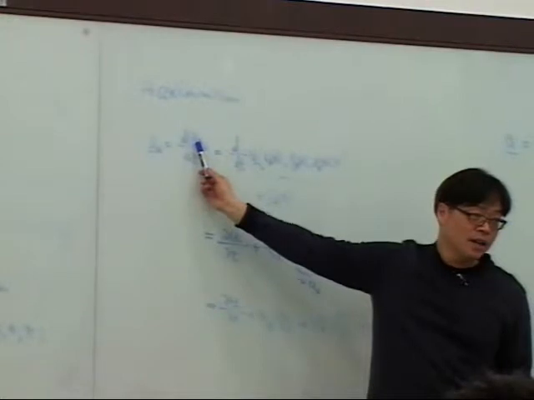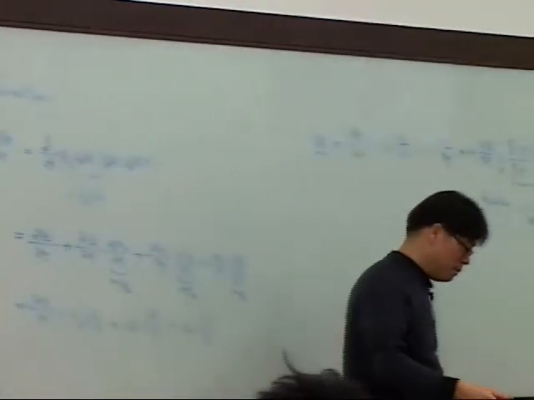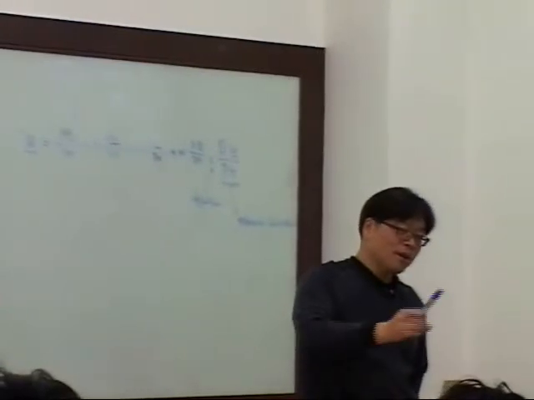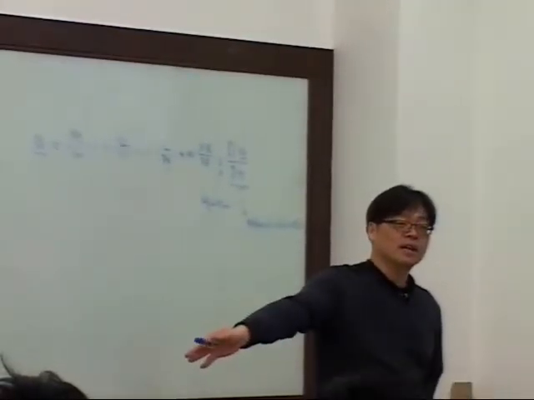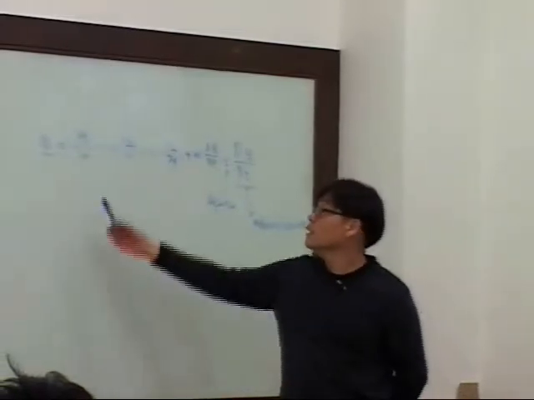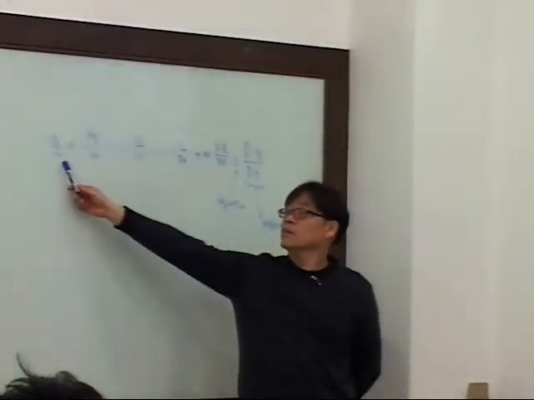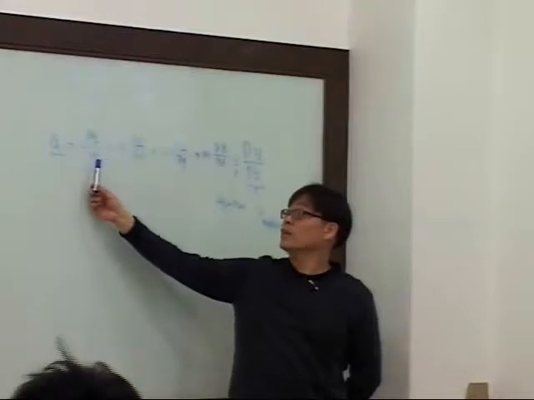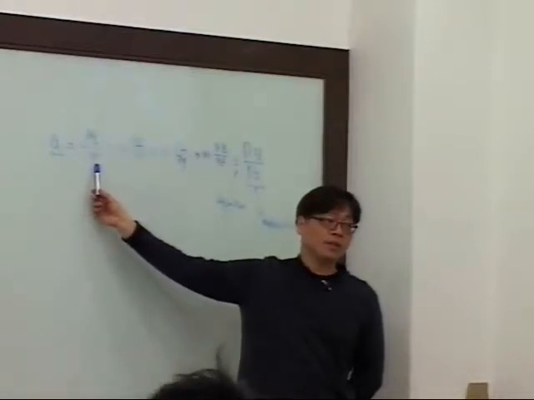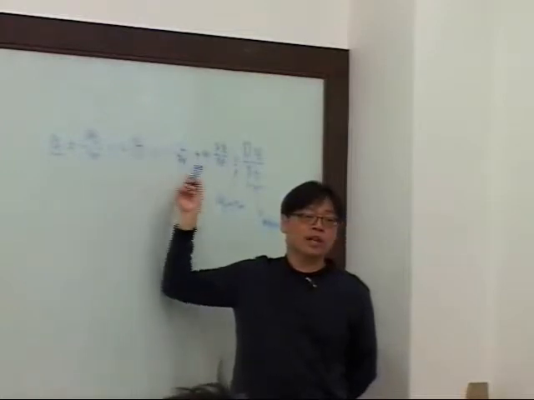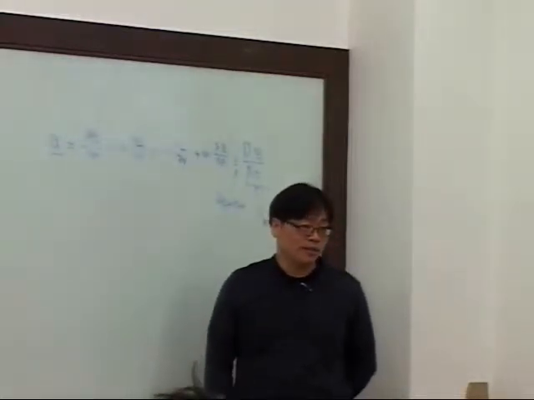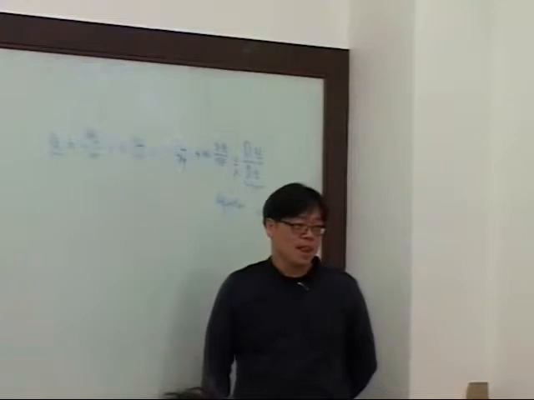But velocity in the Eulerian description depends on not only time but also space, x, y, and z. And because of that, when you get the acceleration, we have to take not only the partial time derivative, but also the partial spatial derivative.